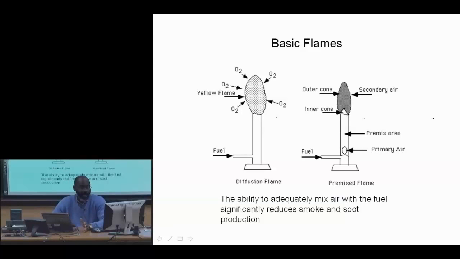For the non-premixed flame systems, because it's incompletely and improperly mixed, it's molecularly mixed at the reaction surface, we have all sorts of different products of incomplete combustion. And so in this diffusion flame, if we have this pure fuel coming in here, that fuel is hot in here, and it's breaking down, and it's producing soot, and it's producing all sorts of other different types of species.